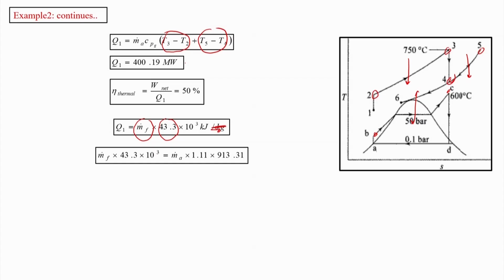This is the heat supplied by combustion of the fuel, and this is the heat received by the air. We are not assuming any loss. So the heat released in combustion is the heat supplied in the gas turbine. Equating those would give us mass flow rate of air divided by mass flow rate of fuel as 42.7. So we need 42.7 times more air for the combustion of fuel in the gas turbine.